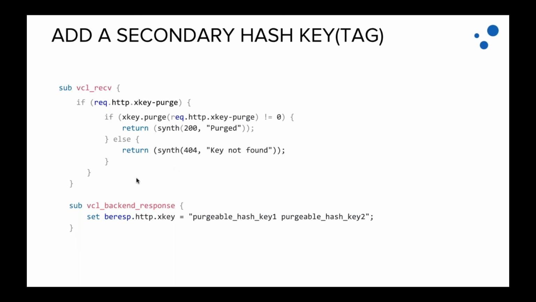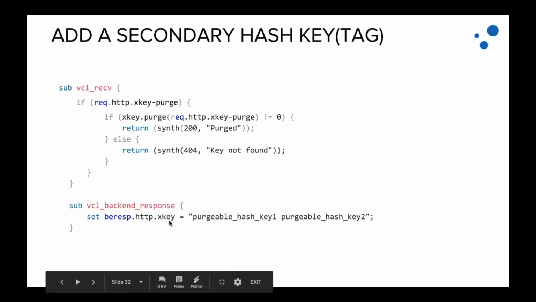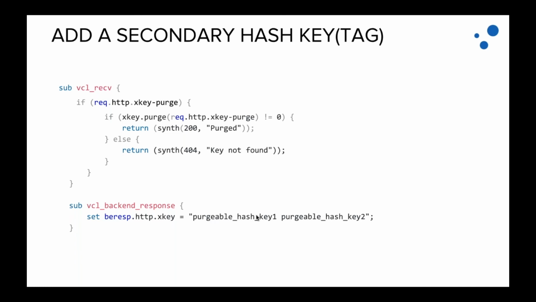Again, this piece of VCL, let's start with vcl_backend_response, because we first insert a new object in cache. When we fetch a new object from the backend and import it in cache, that's the moment when we add a secondary hash key. You can add one or more secondary hash keys, as you can see here.